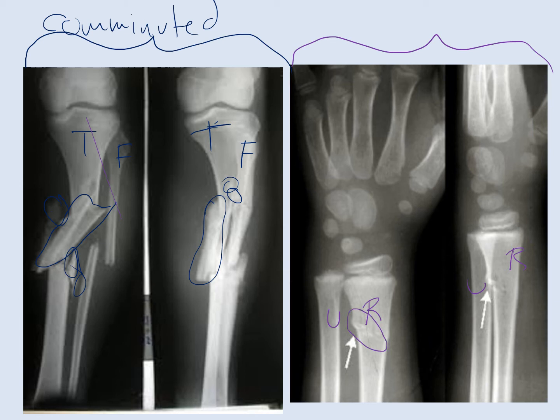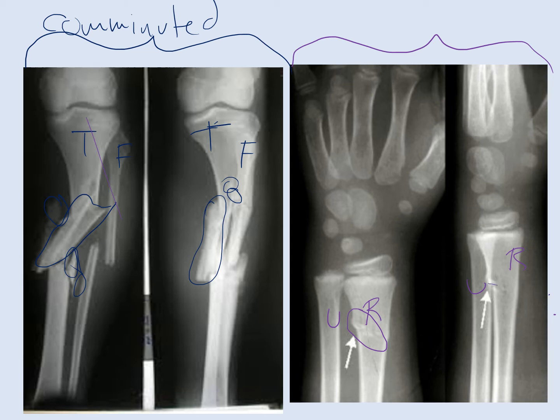So a lot of the time, my students get really excited, like, oh, that's the impacted fracture. And it looks kind of similar to what an impacted fracture might look like. But if we look over here, especially on this one, we see that the break doesn't quite go all the way through the bone.